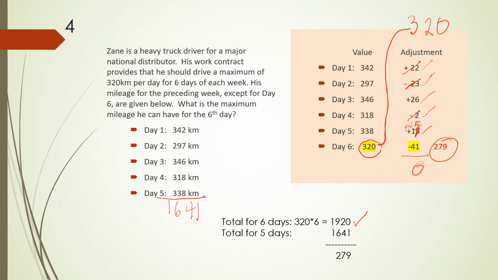And so we subtract 1641 from 1920, and we still will need to come up with the value of a maximum mileage for the 6th day of 279. If you have questions, ask.